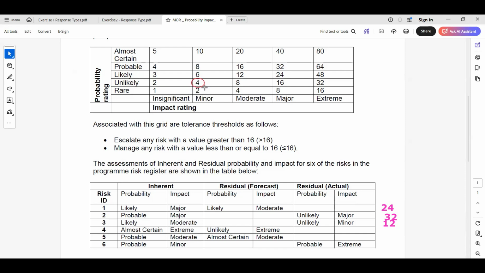If the value of the risk is less than 4, this is my threshold value. If the risk is below this level, I will easily accept it. This is like a watch list. Can I say this or not?